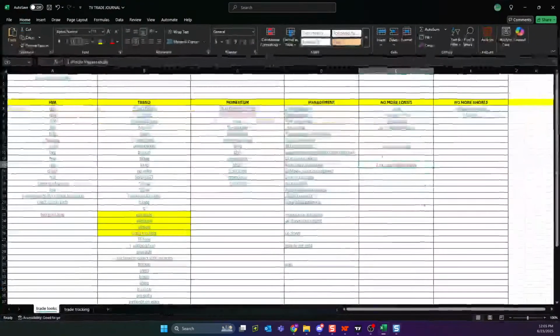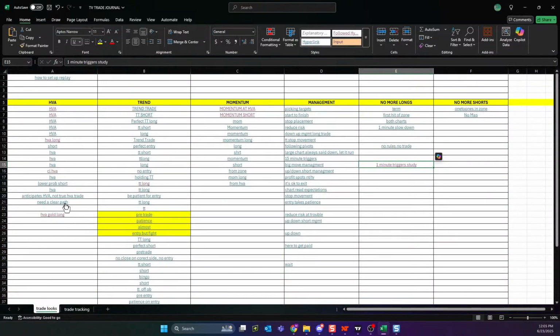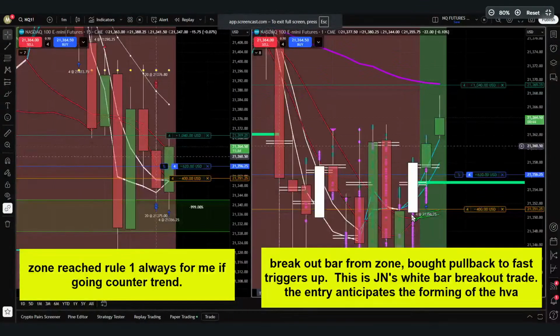That's how they're born. Now let me show you something. This is a picture that anticipates the HVA line, not a real trade. So Claire, when I get the zone reached on my large chart, and I get that breakout bar from the zone, and my fast triggers are going up, do you see how my entry is a tick or two above that highest volume area line?